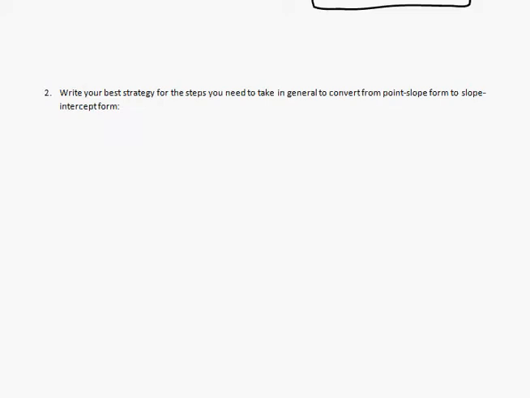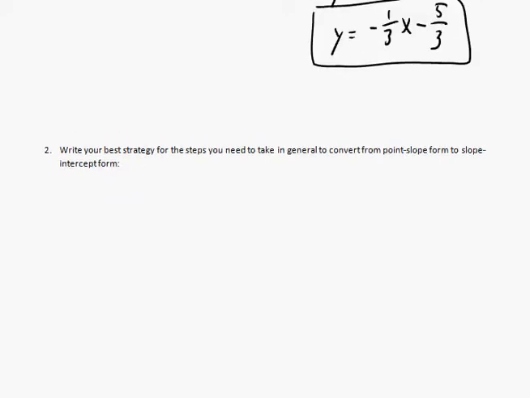So, to summarize, let's write our strategy for the steps you need to take in general to convert from point-slope form to slope-intercept form. The first thing we would do is distribute the slope. What do I mean by that?